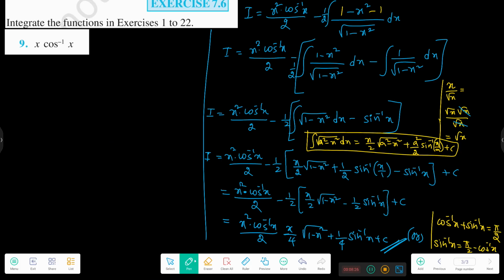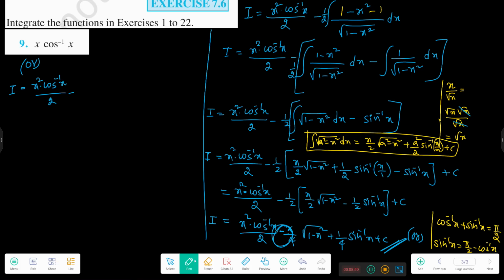Raja, so that is our answer I am giving. I is equal to our answer I gave. I is equal to x square into cos inverse x divided by 2 minus, this is what? It's a minus, right? Yeah, minus.